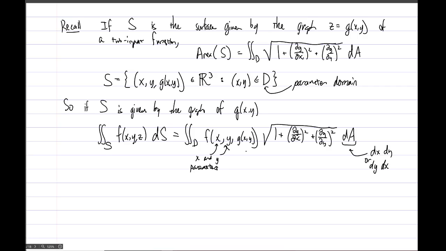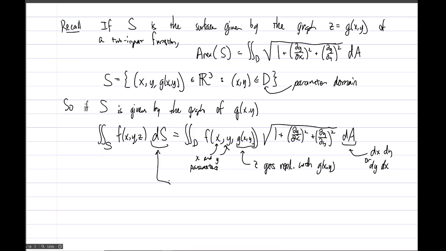The only real work to do is that z gets replaced with g of x comma y. It's really everything that should happen based on the fact that the parameterization just uses x and y. And if you want to go back to the parametric version of surfaces, this really all works out.